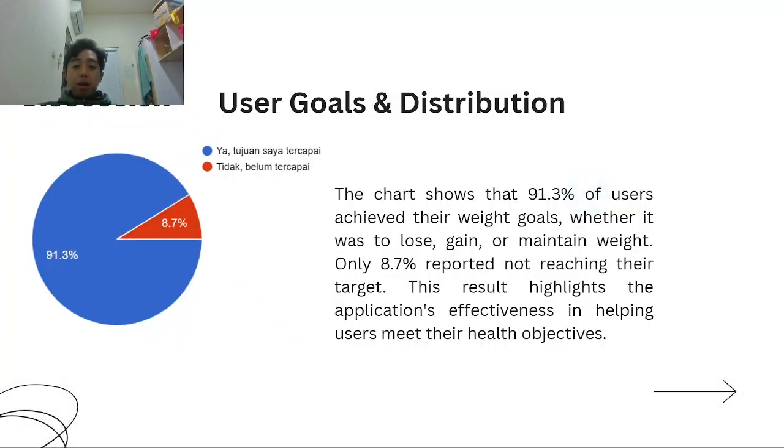Okay, moving on to one of the most critical metrics, the app's effectiveness in helping users achieve their weight goals. We are thrilled to report a very high success rate. Our study found that 91.3% of users successfully achieved their weight goals, whether their objective was to lose, gain, or maintain weight.